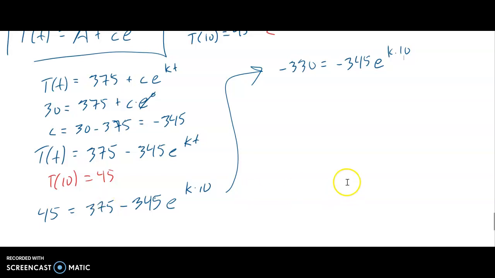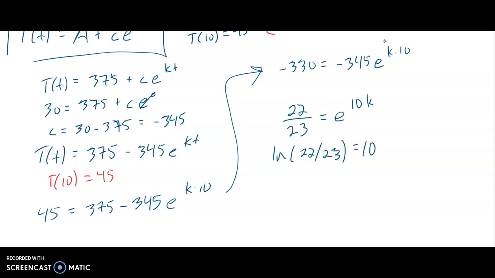If I divide by negative 345 on both sides and simplify, 330 over 345 simplified as a fraction is 22 divided by 23, equal to e to the 10k. Here I take the natural log of both sides, so I get ln of 22 over 23 is equal to 10k. And the last step is divide by 10. So k is equal to ln of 22 over 23, divided by 10.